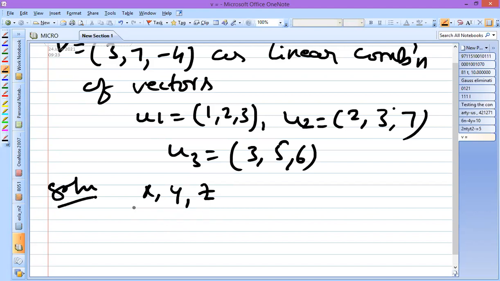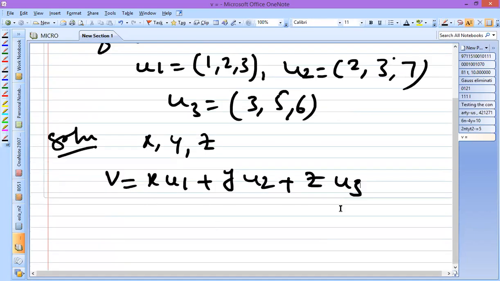Considering these scalars, we can have the linear combination equation V equal to x u1 plus y u2 plus z u3.